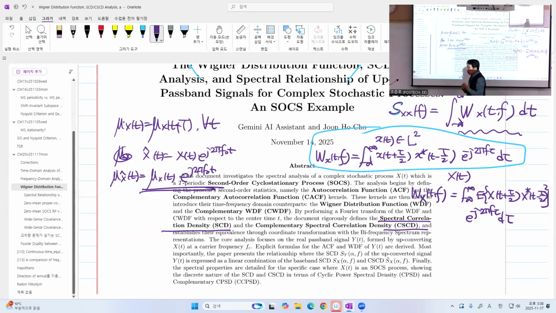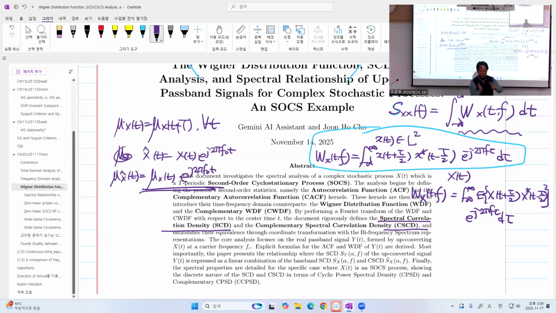So you may say, hey, this is so special, but the reality is that we human beings generate, theoretically or implicitly, a second-order cyclostationary random process in complex baseband and upconvert that signal to real passband.